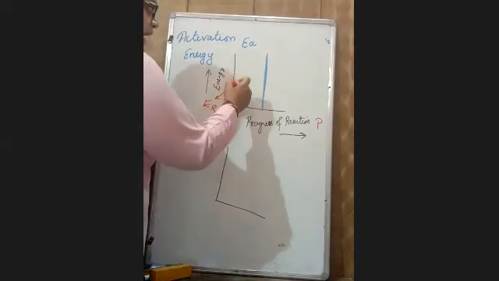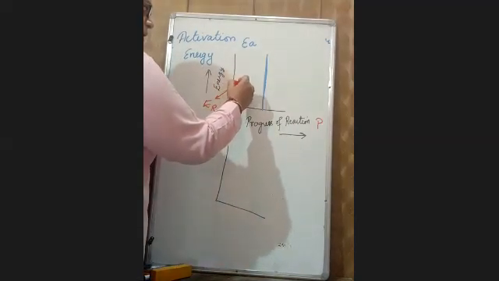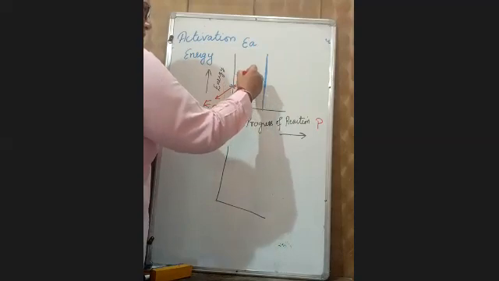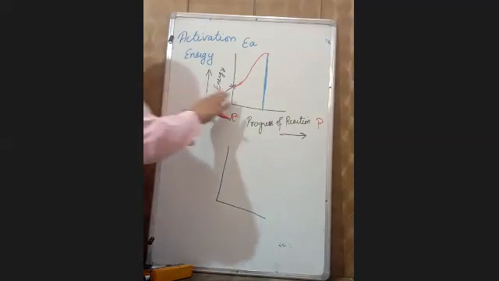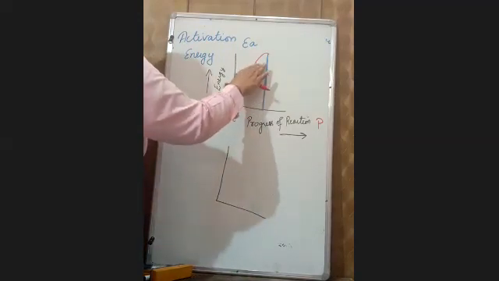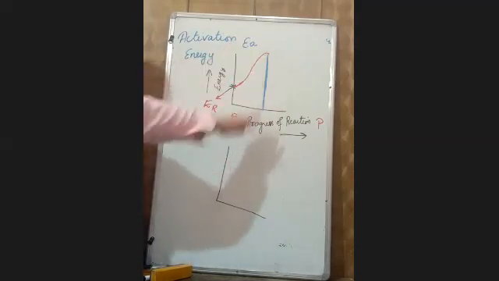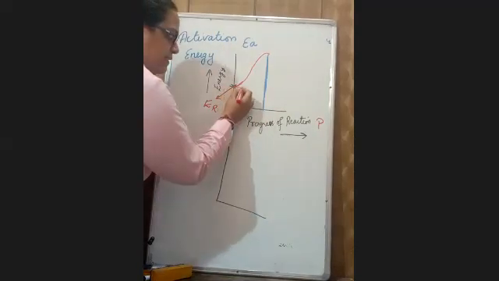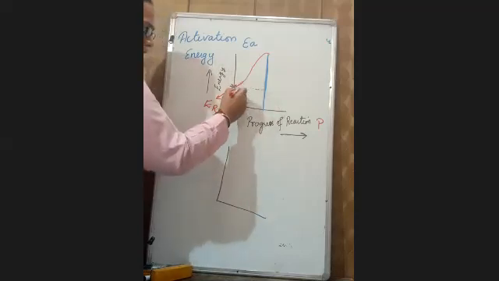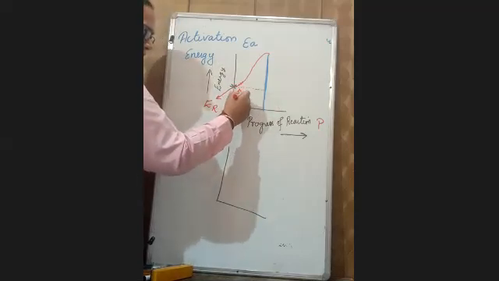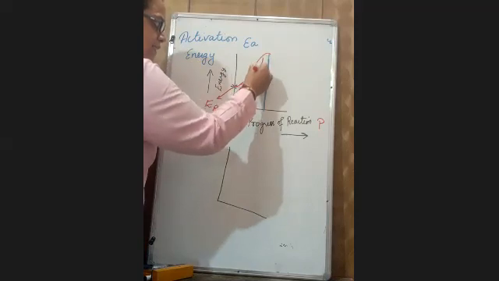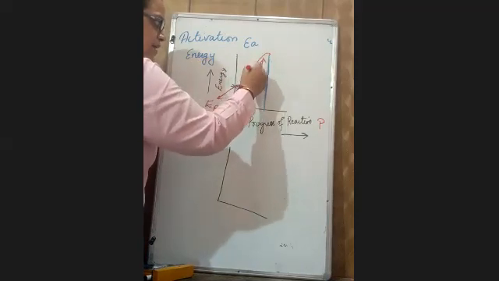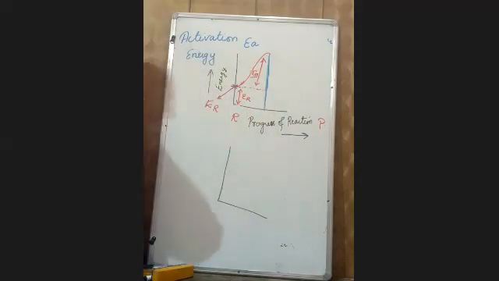When we initially start the reaction, reactant molecules start converting into product. First, they will go towards it to cross that barrier. Dear students, this much amount is the energy of reactant, and above this is the energy of activation.